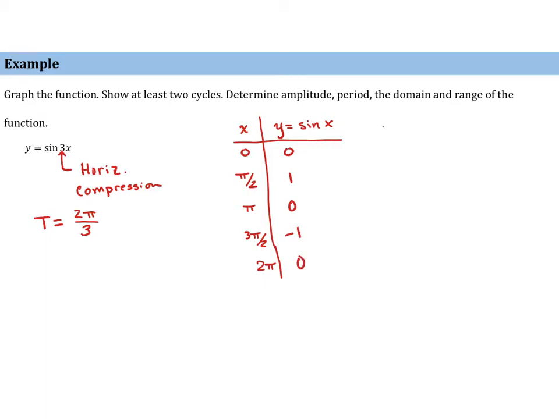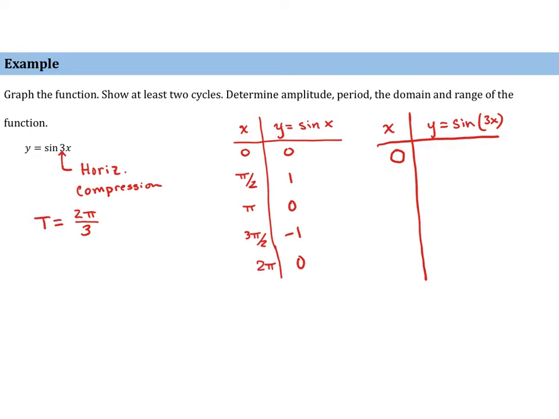So what does this mean for our function, y equals sine of 3x? If we are horizontally compressing this, then that means that our x values will shrink by a factor of 3. One of the easy ways to do this is, notice there was no movement left or right, so our x value starts at 0 still, and then we need to know how much we move between these x values.